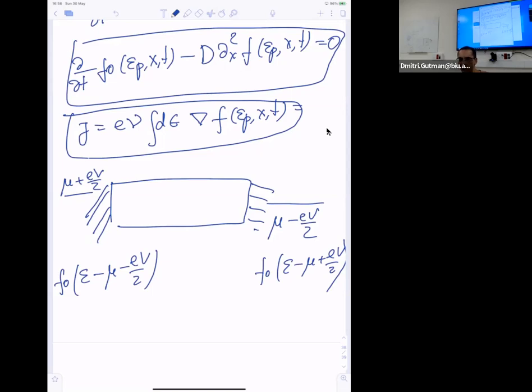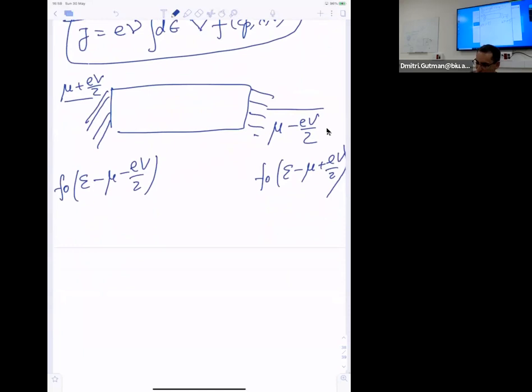Then we need to solve this equation in the DC limit, so we can drop the time derivative term. Then we end up with a very simple diffusion equation that says that the second derivative is equal to 0, plus a boundary condition. There's only one function that has a second derivative equal to 0, a linear function.